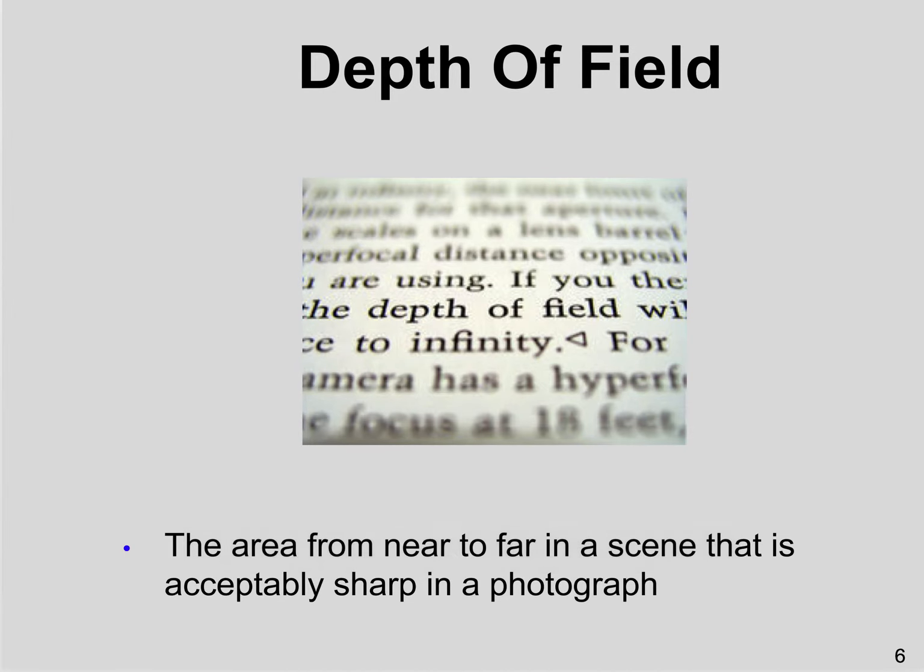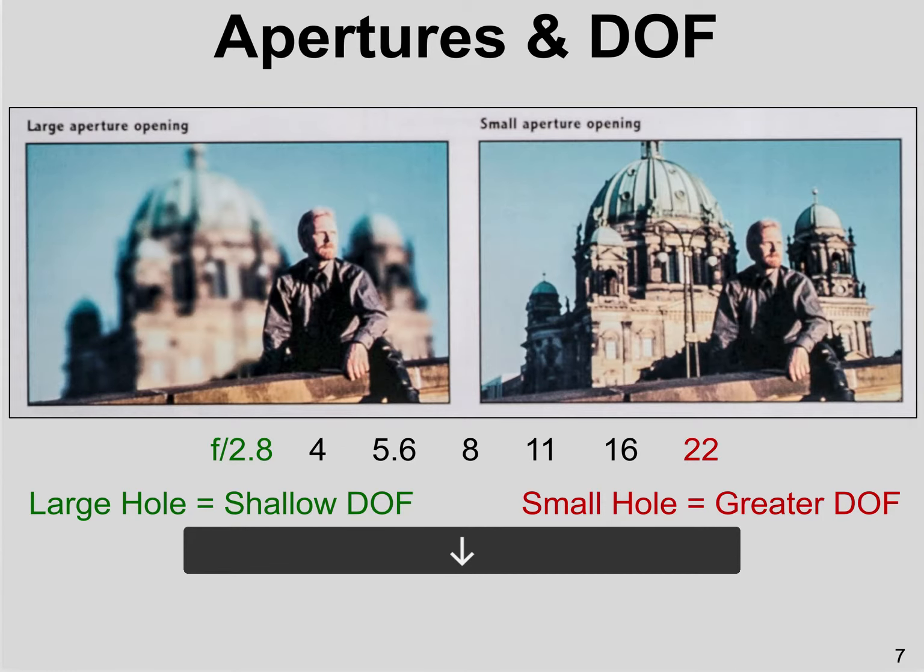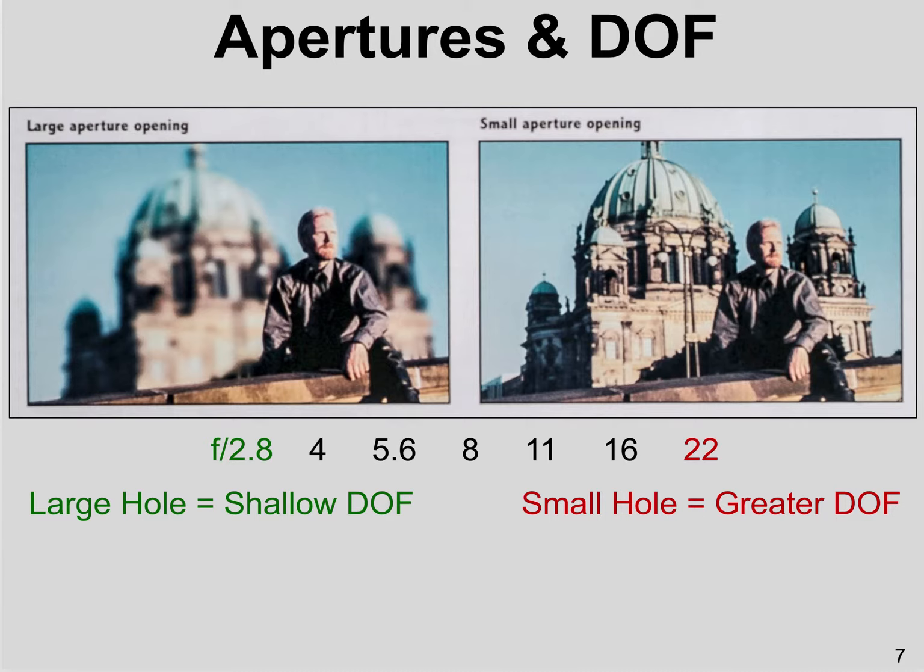Then we've got our depth of field. The depth of field is the area that is being focused, and the falloff there is what is out of focus. Here's how apertures affect depth of field, and that's all I'm really going to pay attention to right now. If you have that f2.8, you're going to have a large hole and shallow depth of field.